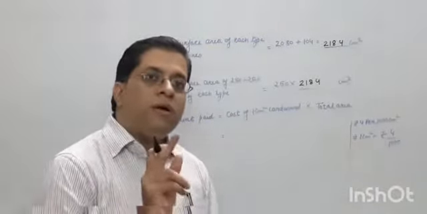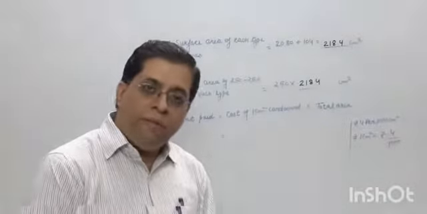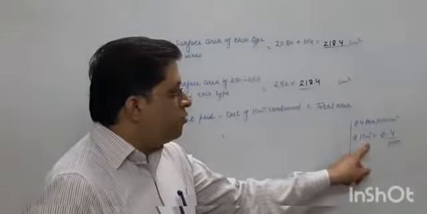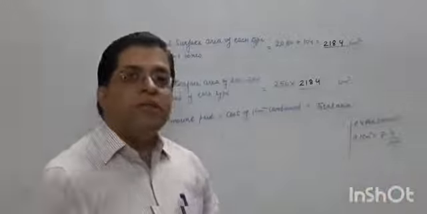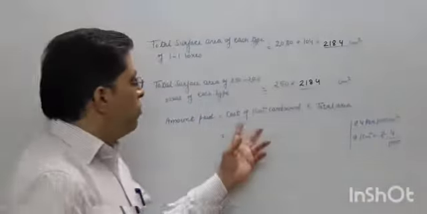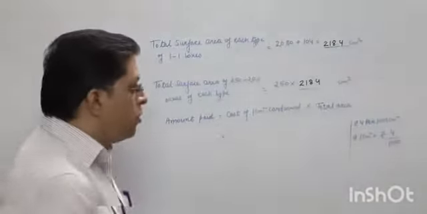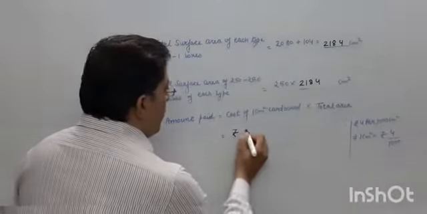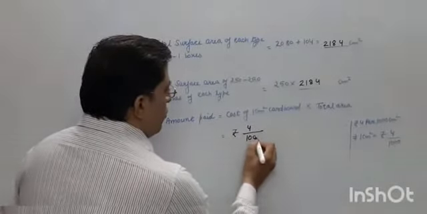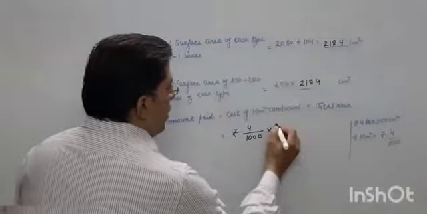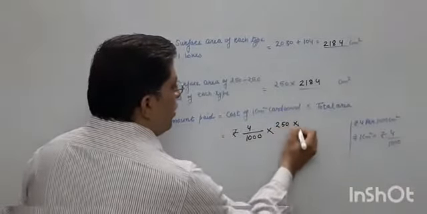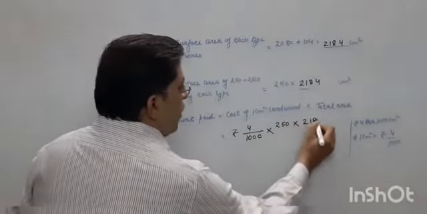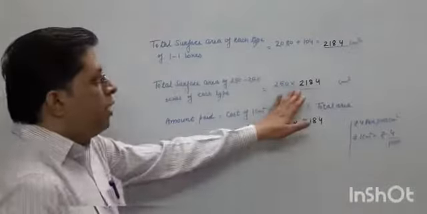Then what will be the cost of 1 centimeter square? 1 centimeter square will be 4 upon 1000. The cost of 1 centimeter square cardboard will be rupees 4 upon 1000, and total area it is given to you 250 into 2184. No need to multiply here only.